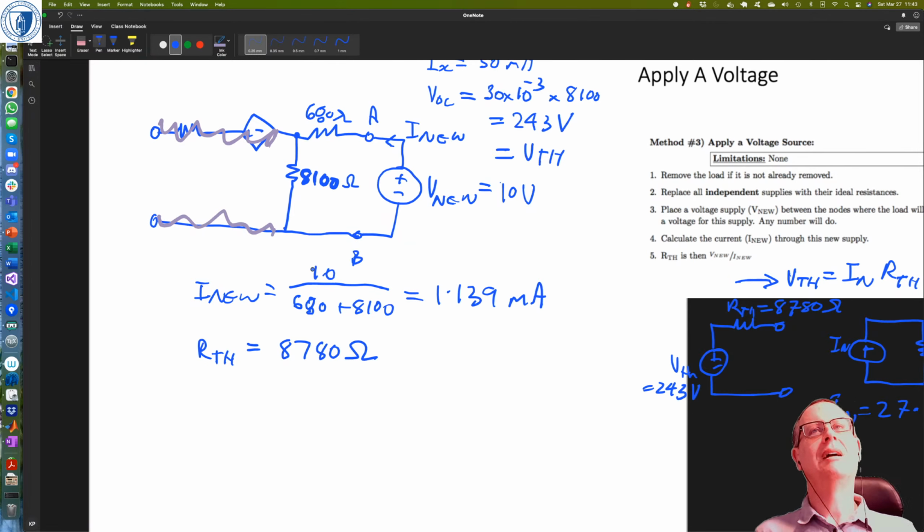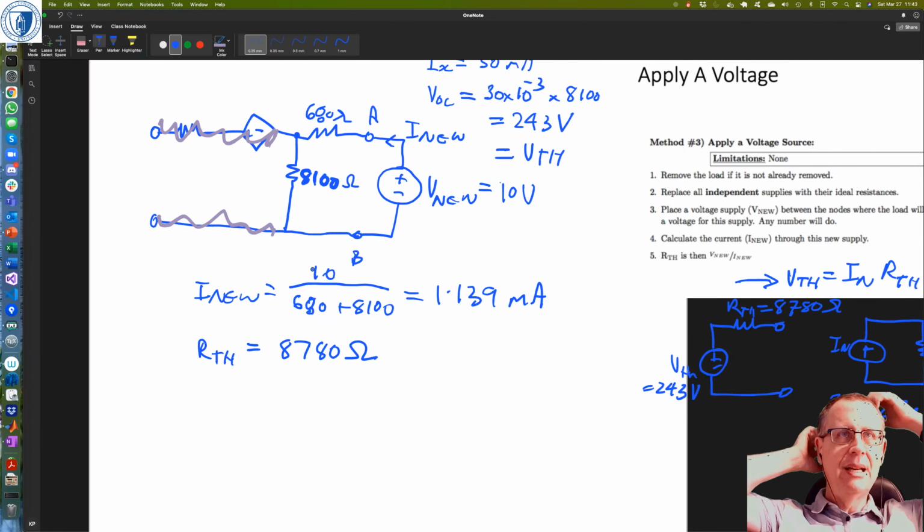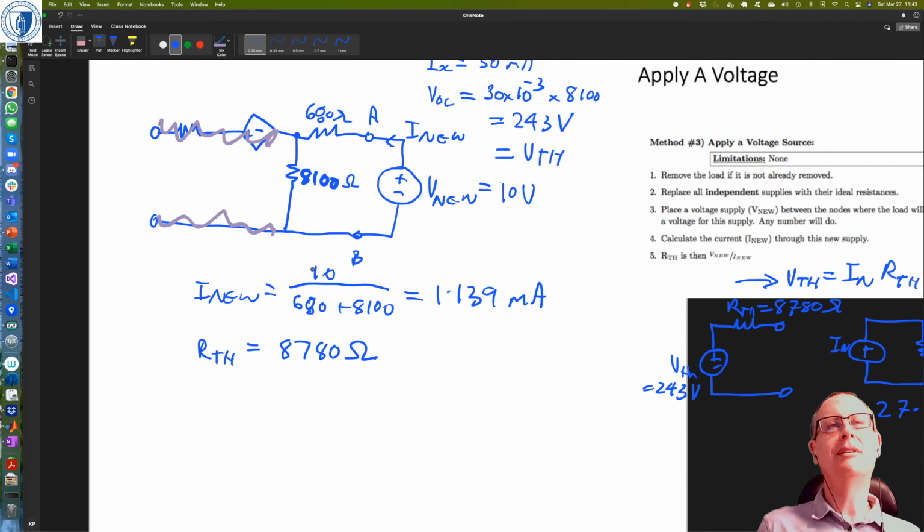In particular, for the apply a voltage technique, because of the way the circuit is, I can almost read off directly that the Thevenin equivalent resistance is just the sum of the 680 ohm and the 8100 ohm.